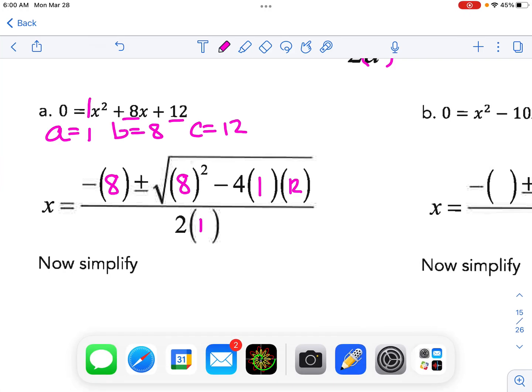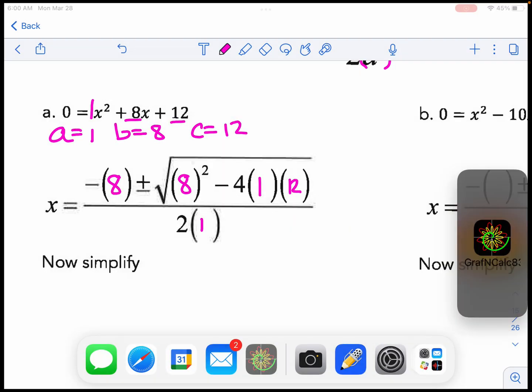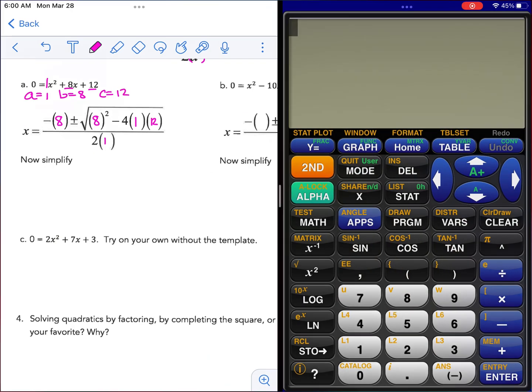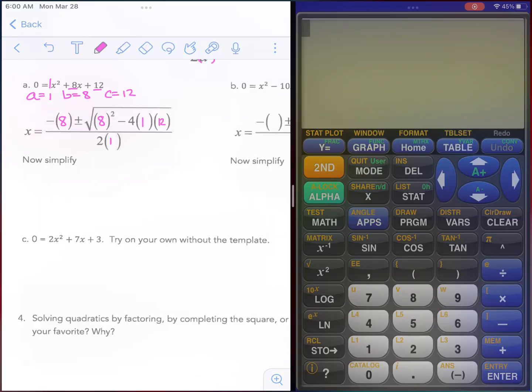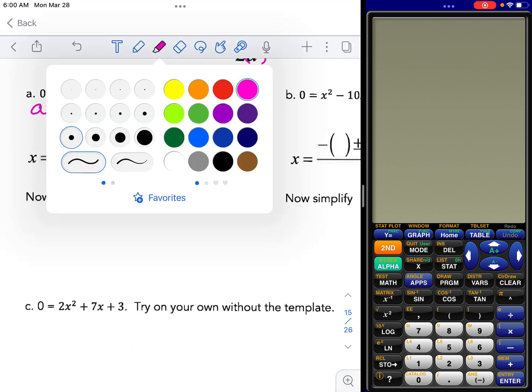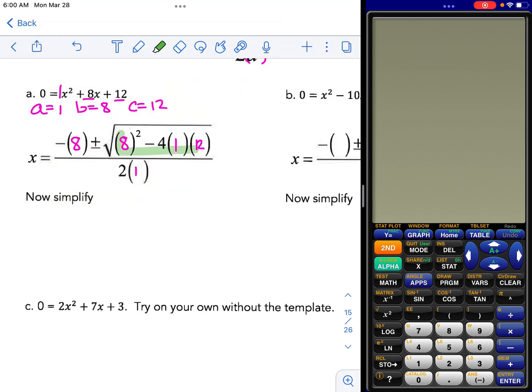So what I would say is that item under the square root, we are going to do that value all in one. So we're going to take, let me just highlight that, all of this and do it on the calculator.